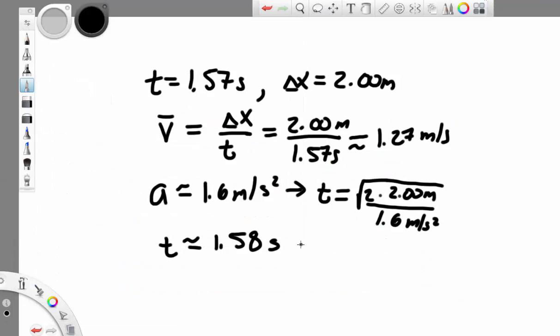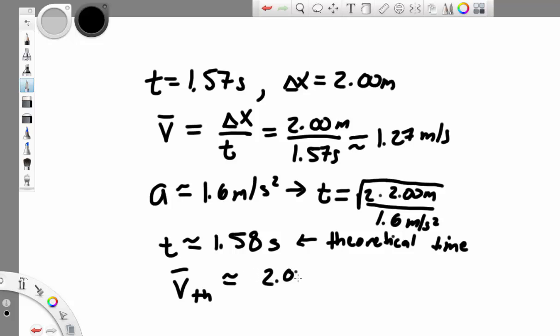Okay, so now coming back on here, what we're looking for is actually the theoretical average speed. So we have the time. This is the theoretical time. And we have the distance. So the theoretical average speed should be 2.00 meters divided by 1.58 seconds.